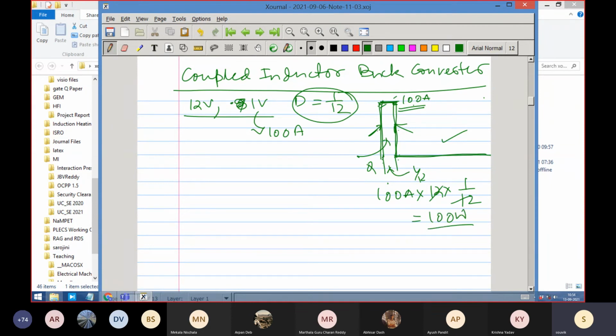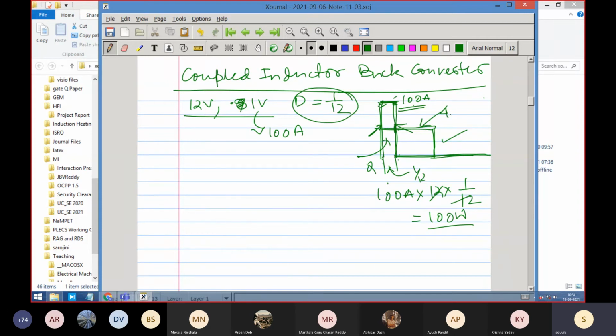I would rather put it in this manner. If I want to make the thing conduct for 50% of the time, what will be the level?